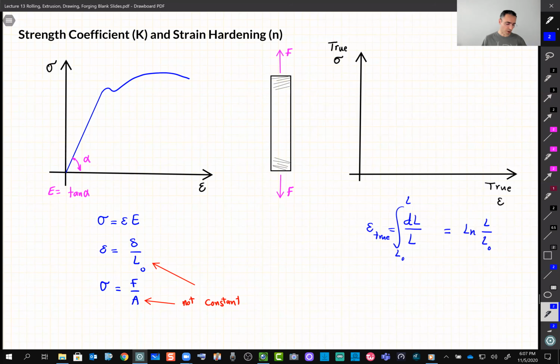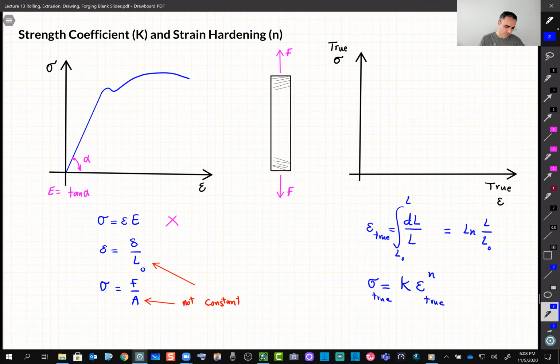And for sigma, Hooke's law is not going to be valid here. Again, I'm not going to go into the details of it. There is a course, I believe MEC 460, which goes into depth on these, and it is not the focus of this course. In this course, we focus mainly on manufacturing. So Hooke's law now becomes a constant K multiplied by true epsilon to the power of n.